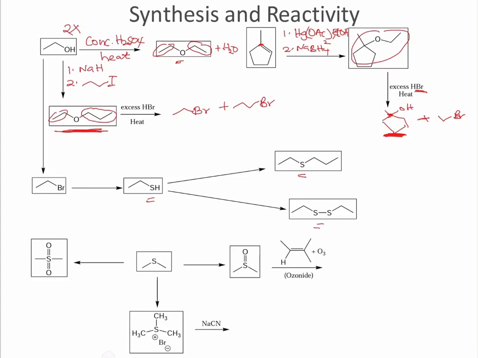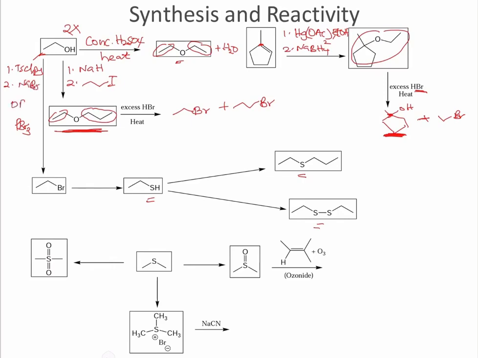Now, moving on, we know we can transform an alcohol into an alkyl halide, like in this case to a bromide, if we use, say, PBr3, that is phosphorus tribromide, or we could transform this into a good leaving group if we use, for example, tosyl chloride with pyridine followed by, say, sodium bromide.